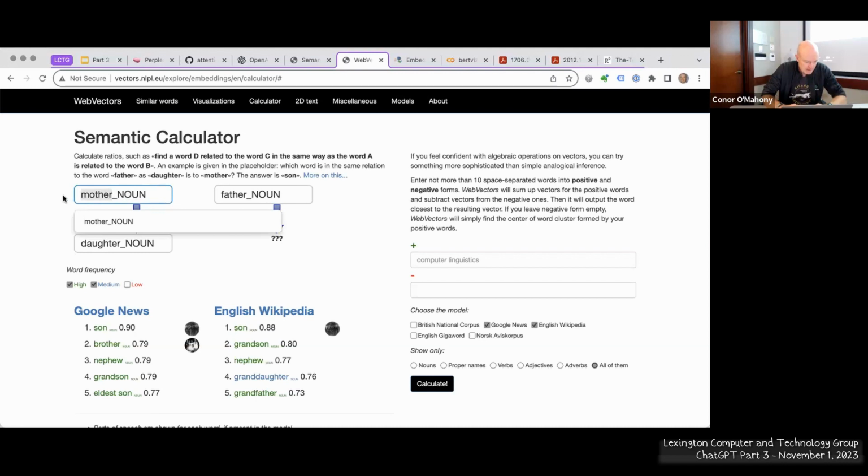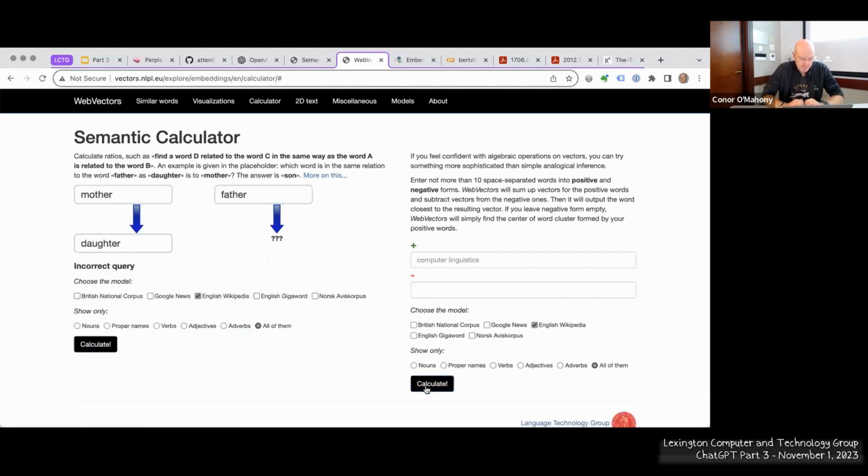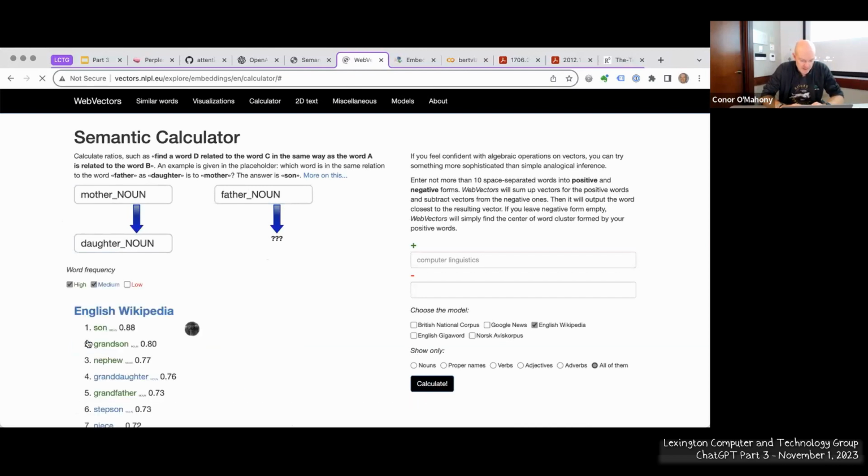Let's say that this is king, and let's say we have man, and let's say we change this to queen. And now let's say we calculate, what's it going to give us? Oh, sorry, calculate on this side.